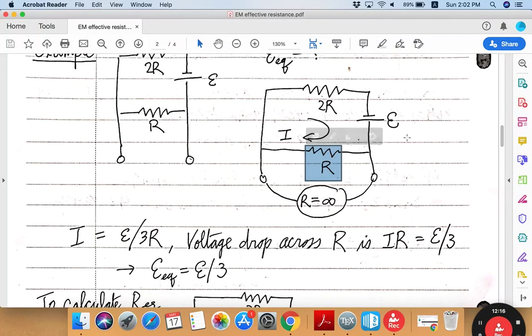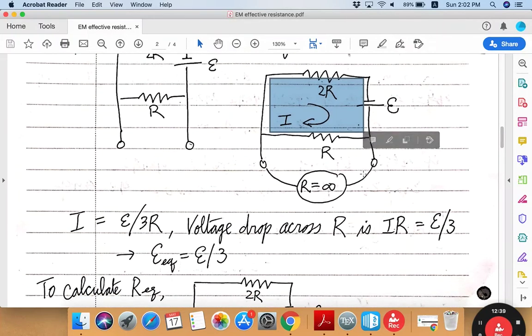And that's connected to a battery having the voltage of E. And therefore, there's an overall current of I equal to E over 3R, which flows through this upper half of the loop.